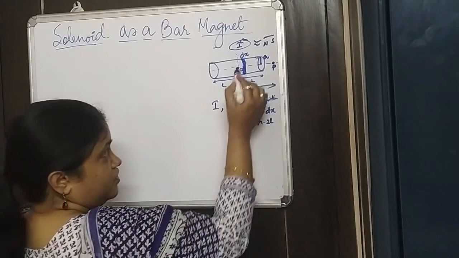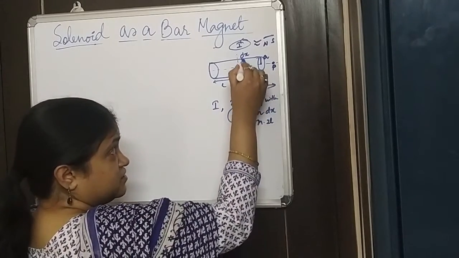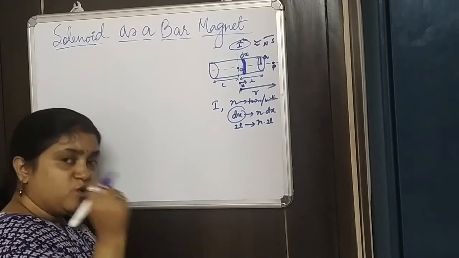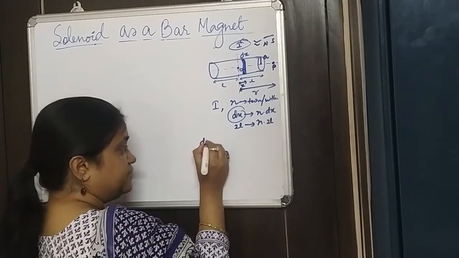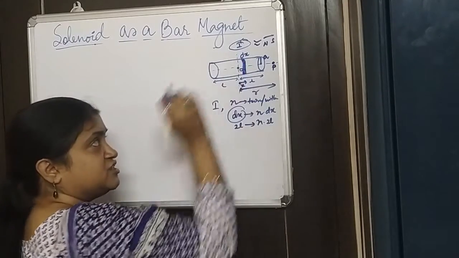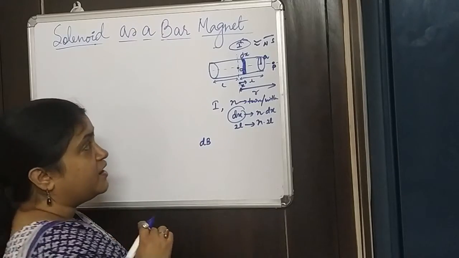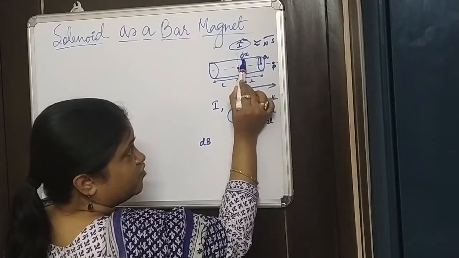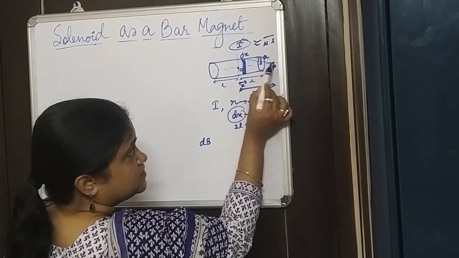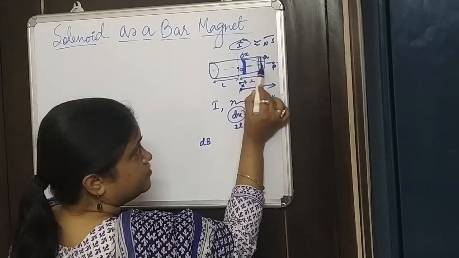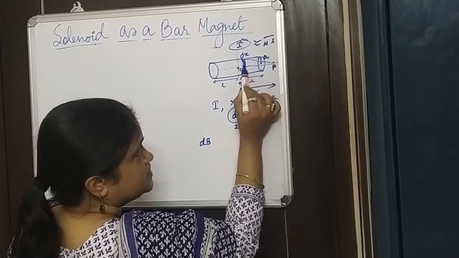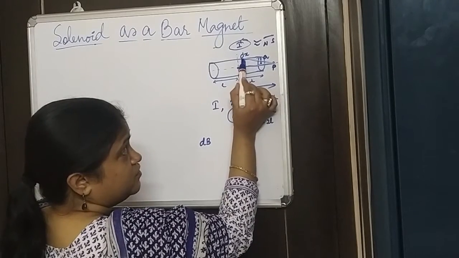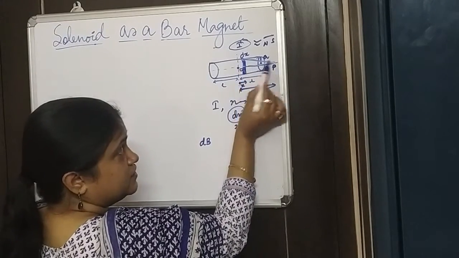For this section, let's suppose there is a small magnetic field dB for this small section dx, and we have to find the distance from dx to P. This is not this distance; for a particular section dx, this would be the distance.